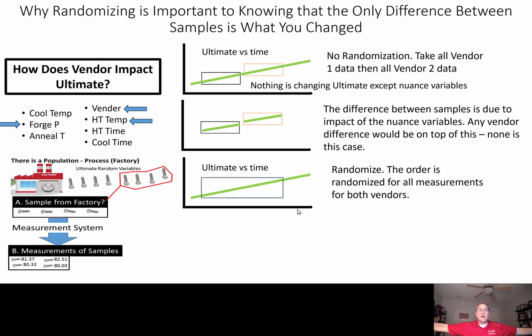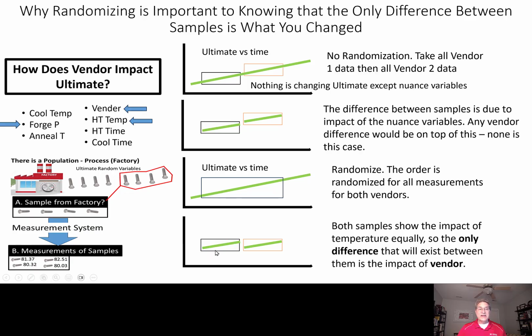We shared the love across everybody. So then if we took data, this is what it's going to look like. Notice the effect of temperature would be in both data sets. So what's the only difference between the data sets? Which vendor it is, because they both have the impact of those nuisance variables changing.